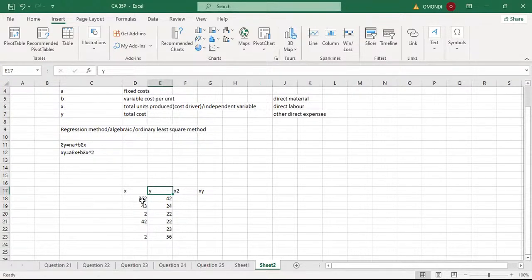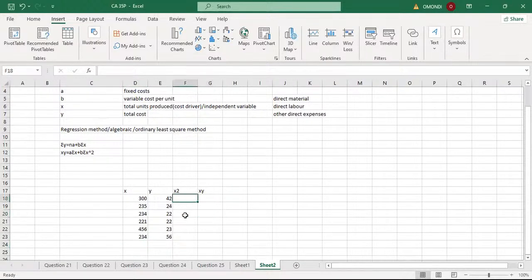So you have to identify the cost driver first.